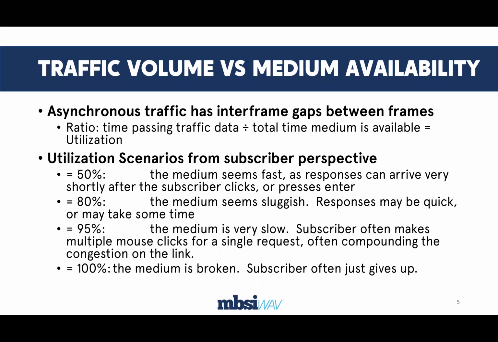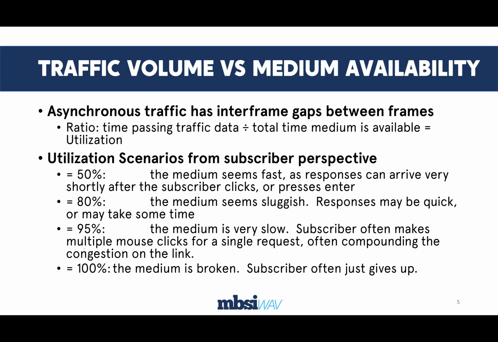As we near 95 or 100%, the medium starts to get very slow. And oftentimes when we hit this number, the subscriber makes multiple mouse clicks. I do it all the time. I go to a web page and click on a link. Nothing happens. You click it again. You wonder, did my mouse actually work? And you click it again.